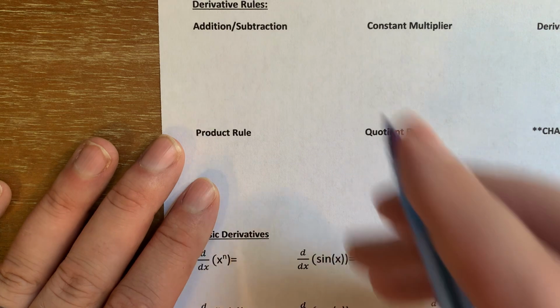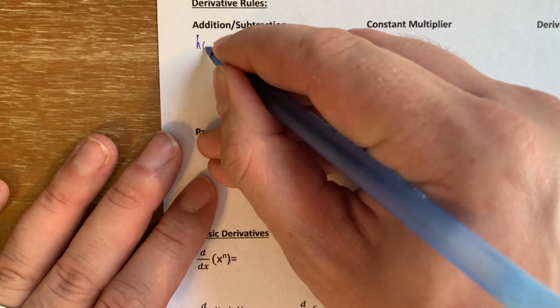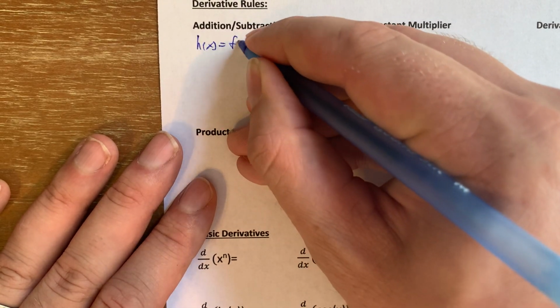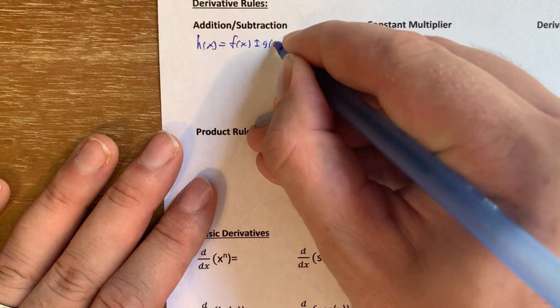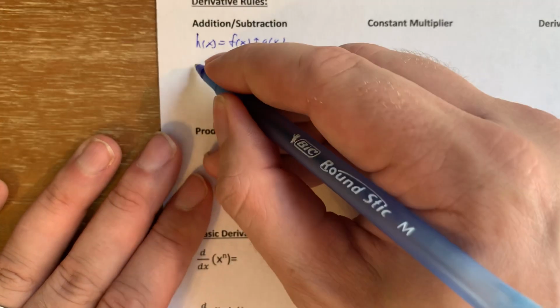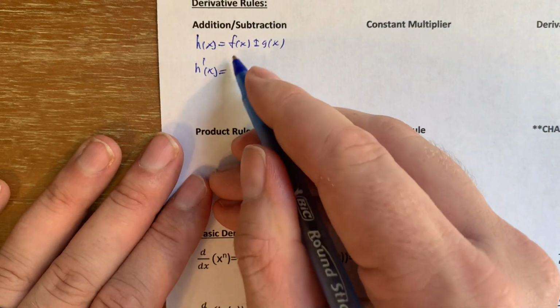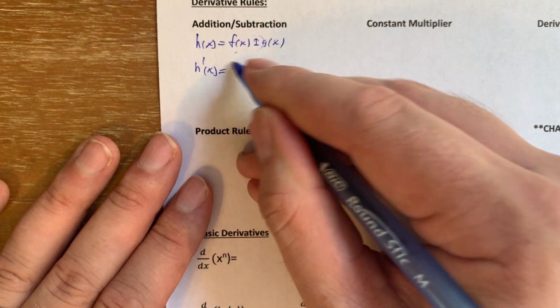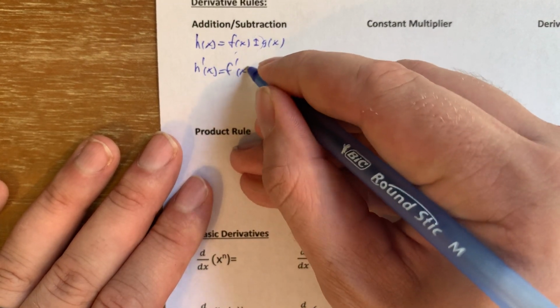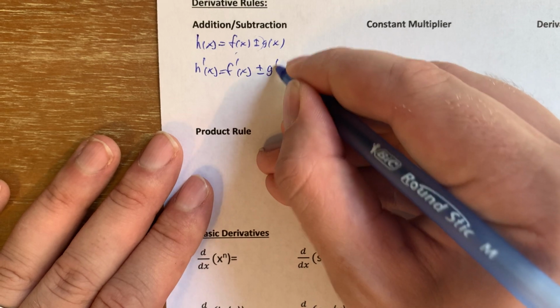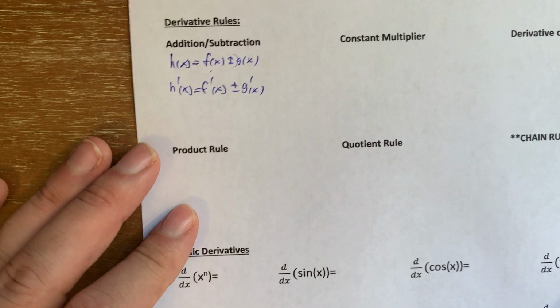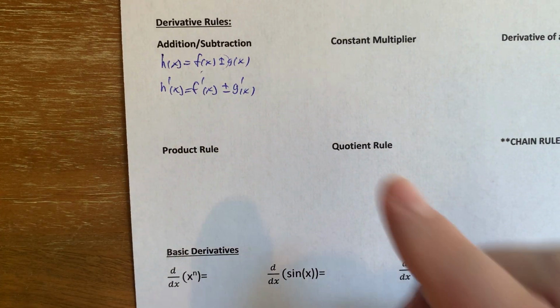The derivative rules. If we have h of x equals f of x plus or minus g of x, we want to say that we can always find the derivative by just doing them separately. So if you have two things adding or subtracting, we know that we can just add or subtract the derivatives and put them together separately. How about a constant multiplier rule?